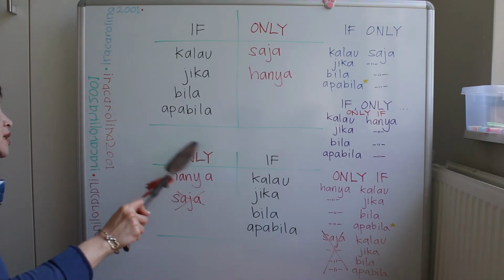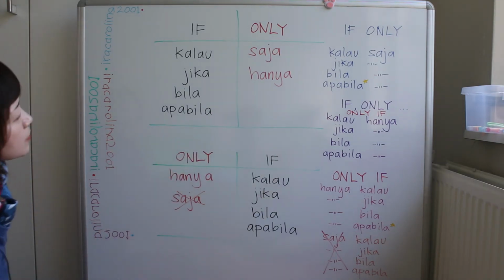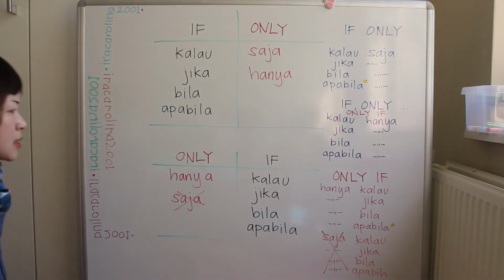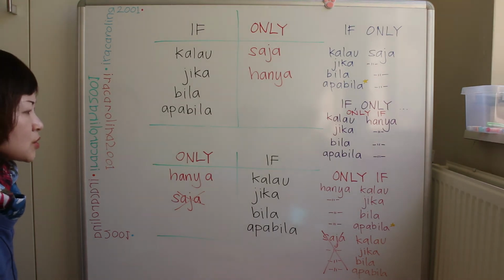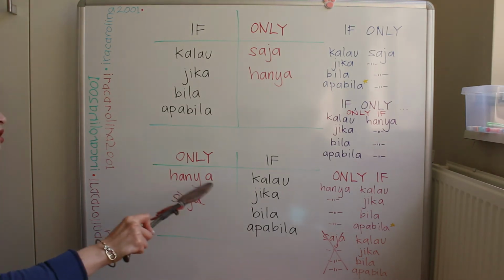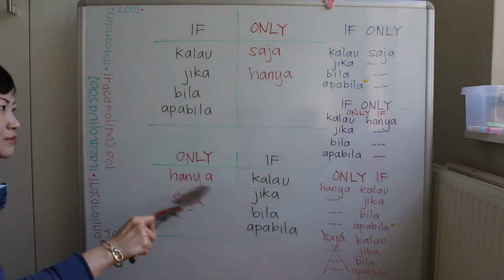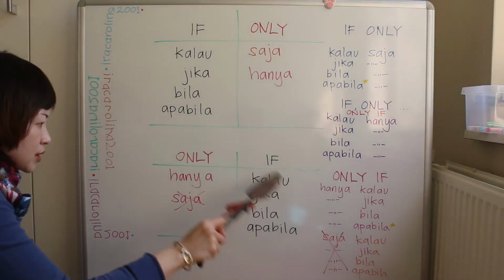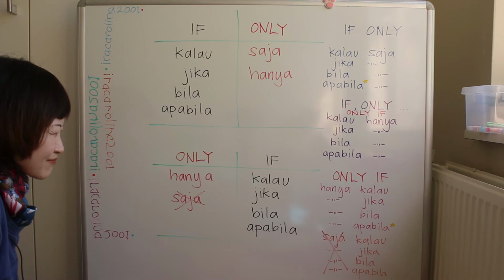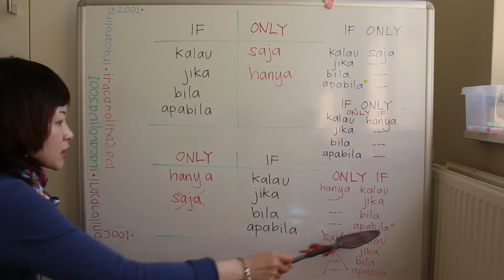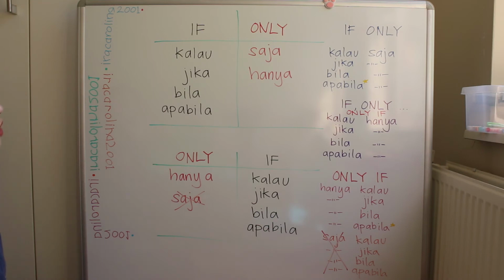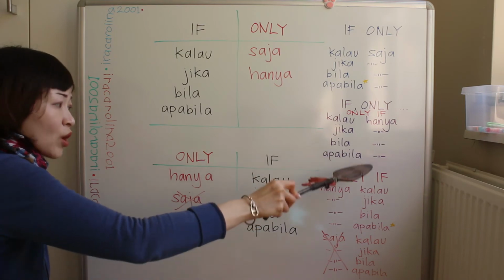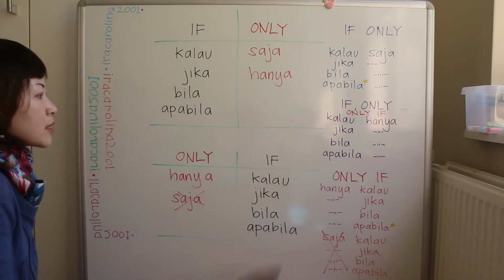And we have only, we have if. If you want to say only if, we just use this word for only, and then we put the if words. Which one do you like the most? I put a star here, because if you say apabila hanya, it's kind of common.